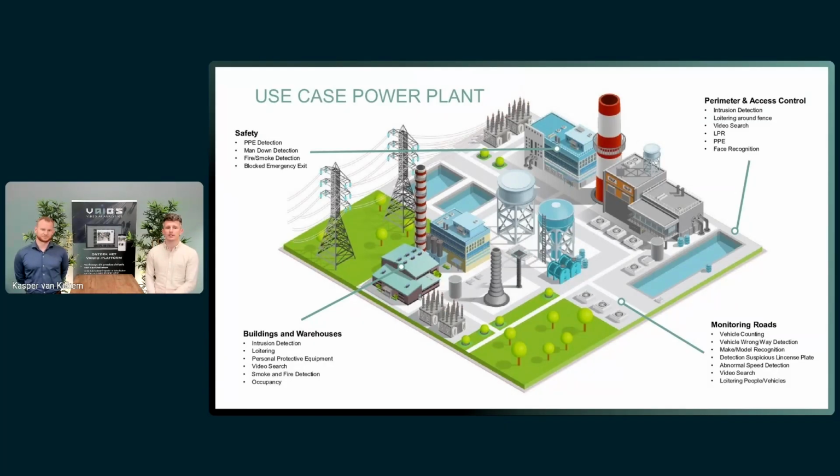So as you can see in this overview, Vision AI can be deployed very broadly. It can be used for different use cases. So it's good to ask yourself again, what would you like to ask your camera if it could think? With Vision AI, it can think, and you can use it in a lot of different ways. And this is just one example. You can also deploy this at an airport or an oil plant or whatever you can think of.